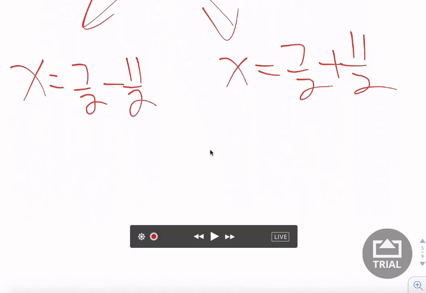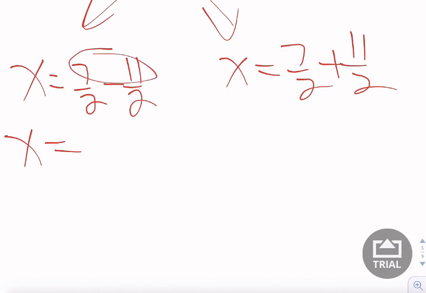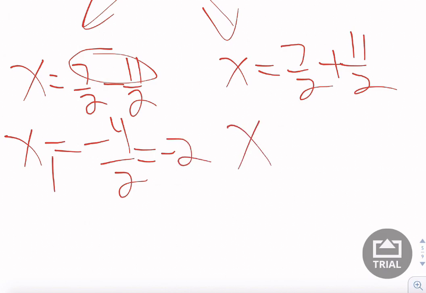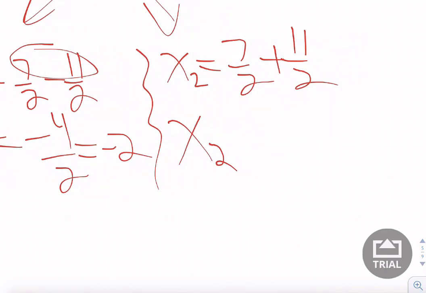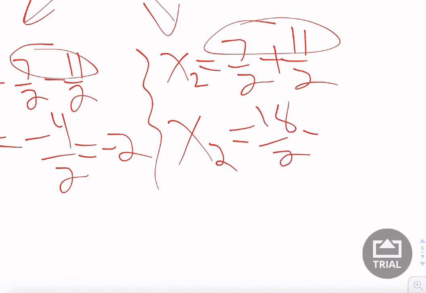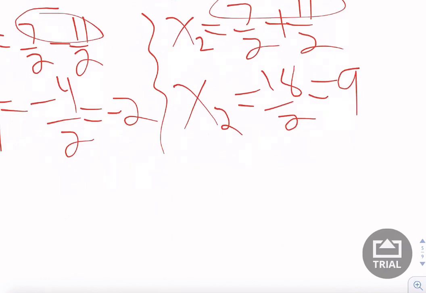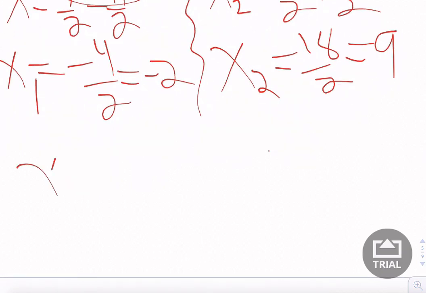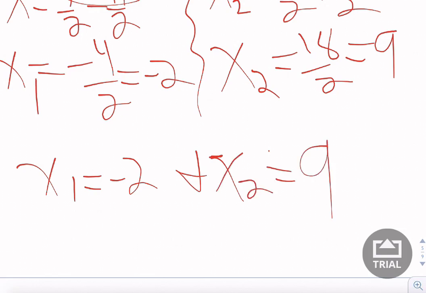Now 7 minus 11, I have a common denominator, right? 7 minus 11 is negative 4 over 2, which is just negative 2. That can be x1. And then x2 can be 7 plus 11 is 18 over 2, which is 9. So my two solutions are x1 is negative 2 and x2 is 9.